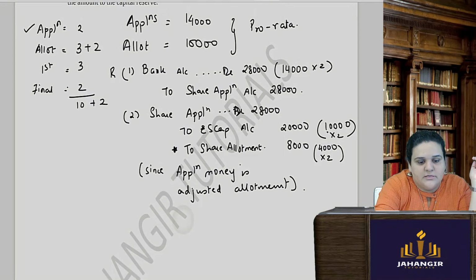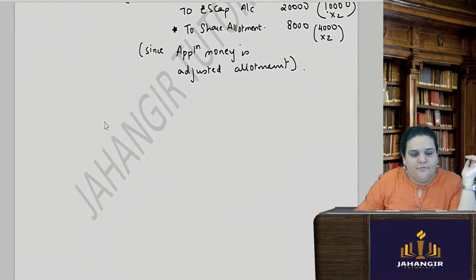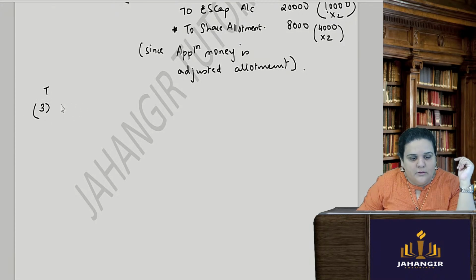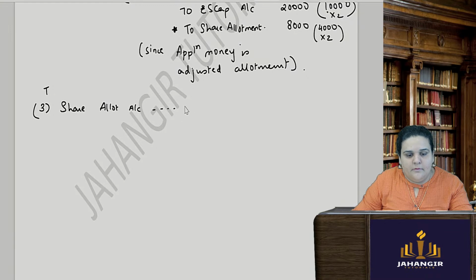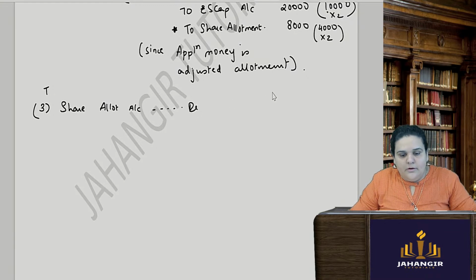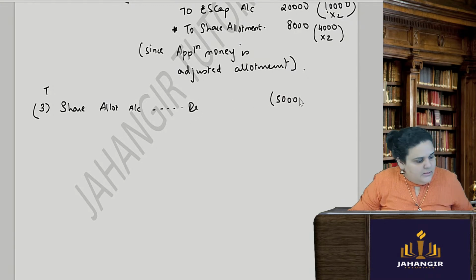So this is done. Now I'm going to my allotment stage. My application stage is over. Now at the time of my allotment, my third journal entry, I will first pass the transfer. So share allotment account debit. Allotment money is total 5 rupees because it includes the premium.